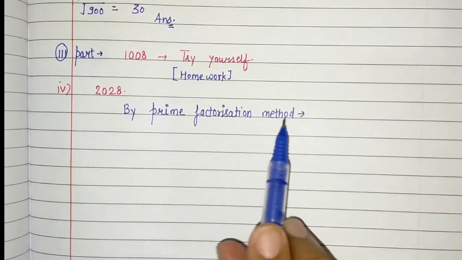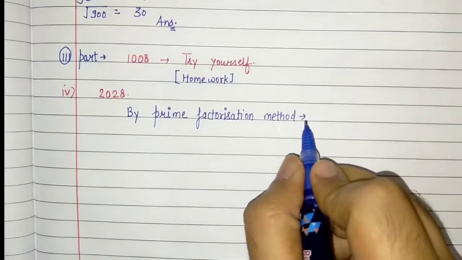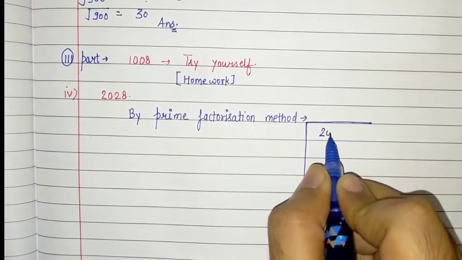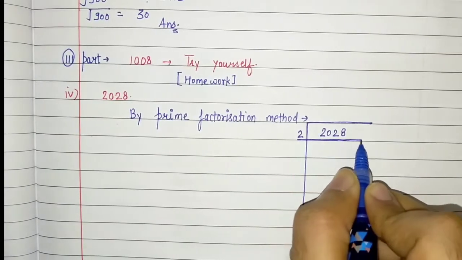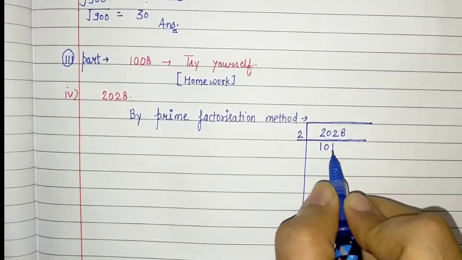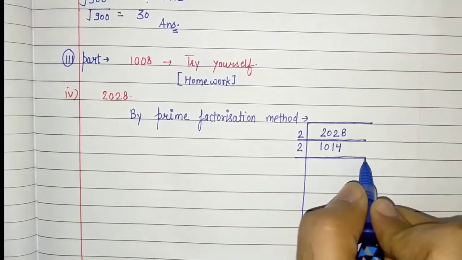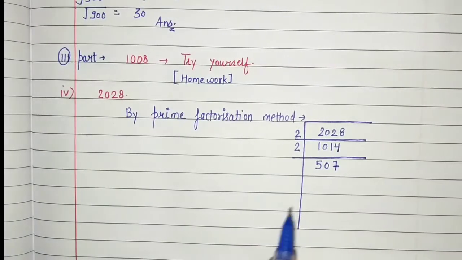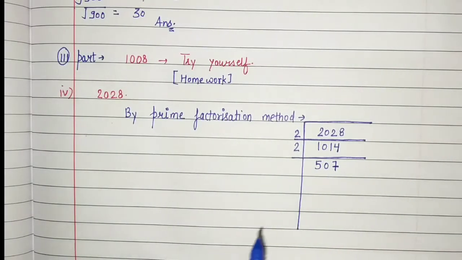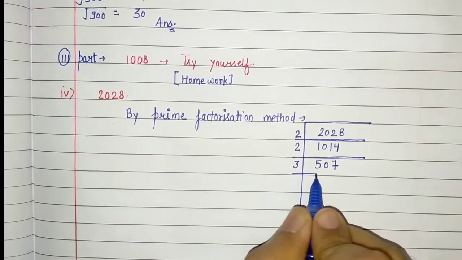So by the prime factorization method we will find the prime factors of this number. The number is 2028. Divide with 2 because our first prime number is 2. 1014. Again divide with 2. You will get 507. Now 5 and 7, 12 is divisible by 3, so this number is also divisible by 3.